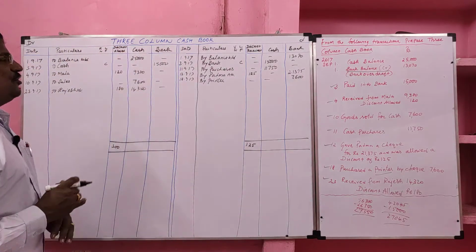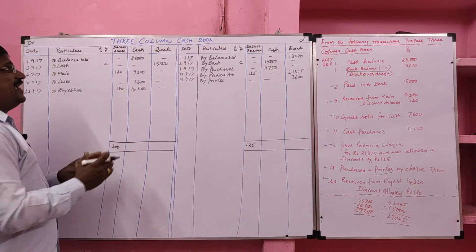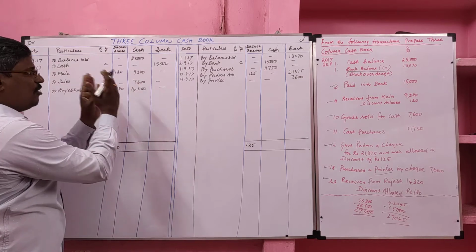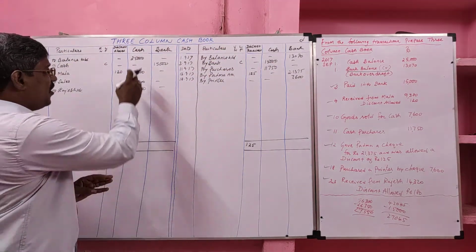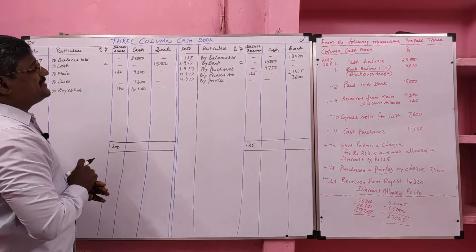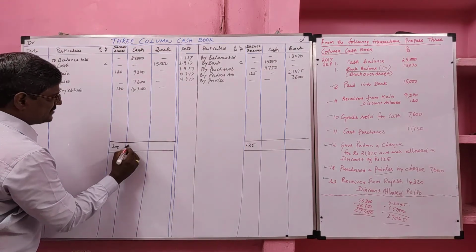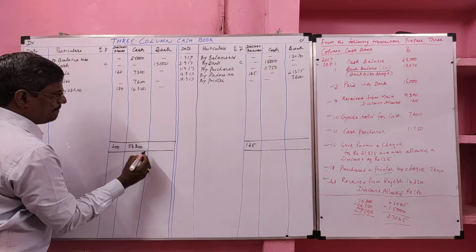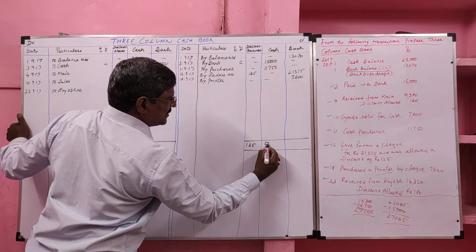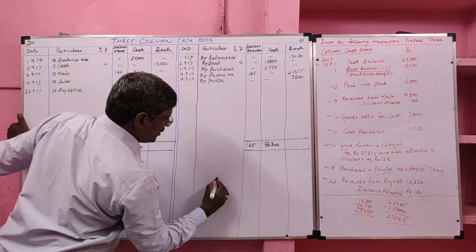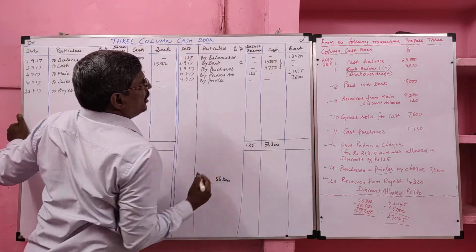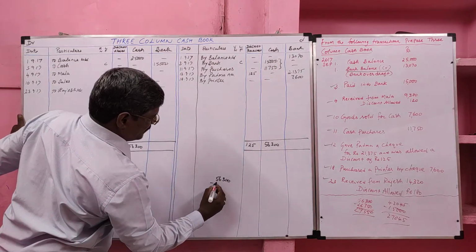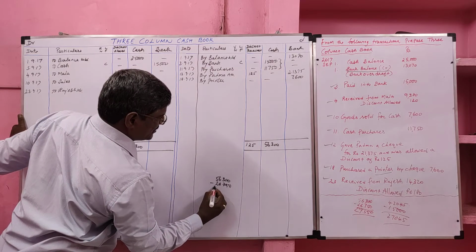Then come to the cash column. I said the debit side cash column is always heavier than the credit side cash column. Already I totaled the debit side cash column. It is 56,300. So 56,300 minus the credit total 26,750.